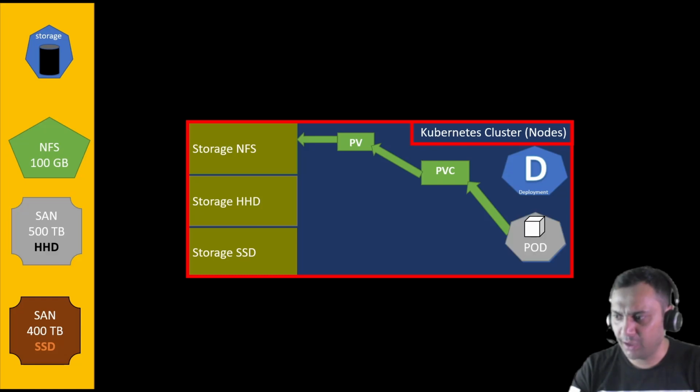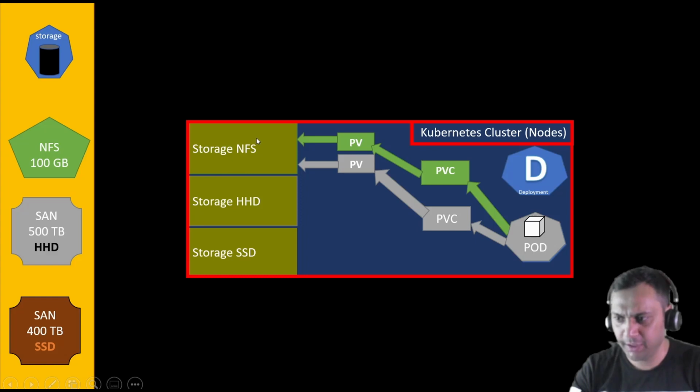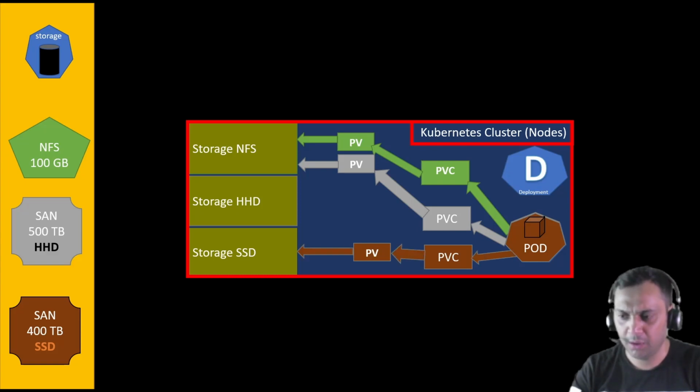Let's suppose we have another pod, so we have to create another PVC, and when we create this PVC, a new PV will be created, and again it can contact storage NFS. As I said earlier, this storage class object is shareable, so we can share this storage NFS with multiple PVs, but a PV is dedicated to one PVC. Same for the third: we can use a PVC and then it will go to another storage. I hope it is clear why we are using storage class and why we are using PV, right? So static and dynamic.